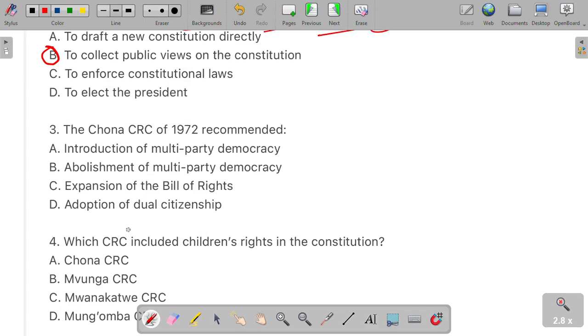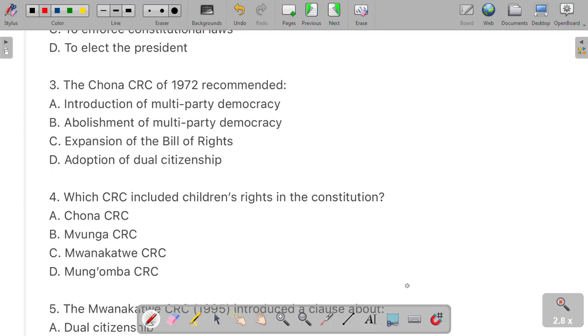We continue. Question number 3. The Chona CRC of 1972 recommended what? Is it A, introduction of multi-party democracy? B, abolishment of multi-party democracy? C, expansion of the Bill of Rights?